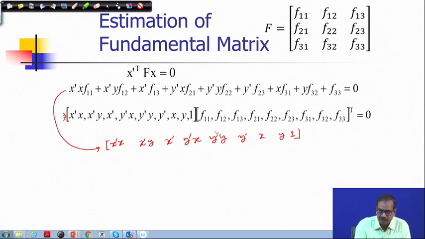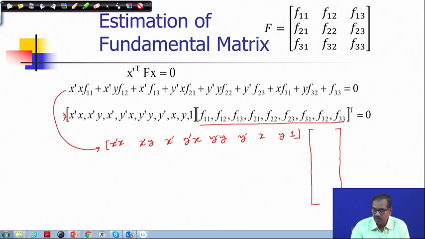For the sake of convenience, a column vector in this slide is shown as a row vector by using the transpose operation. So you are computing all these elements of the fundamental matrix.